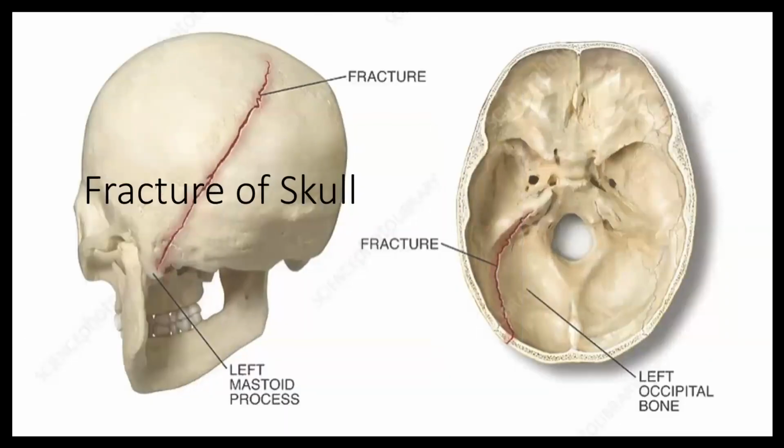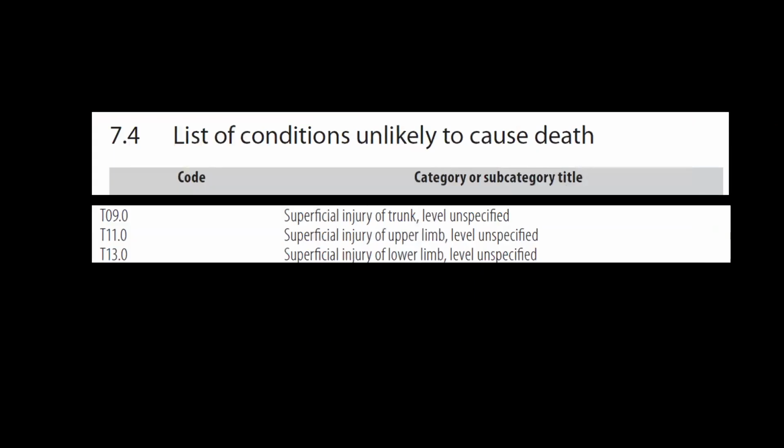However, fracture of skull is a severe injury and it is likely to cause death. So if you check the Annexure 7.4 list of conditions unlikely to cause death, you can find T11.0 is listed as superficial injury of upper limb, level unspecified, as a condition unlikely to cause death.